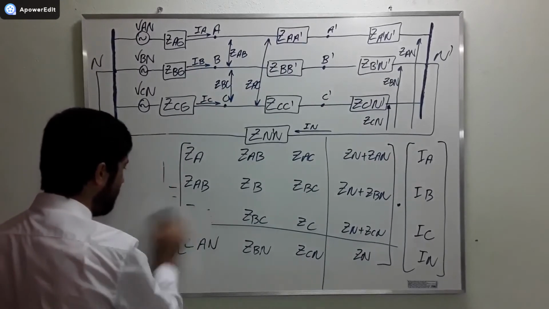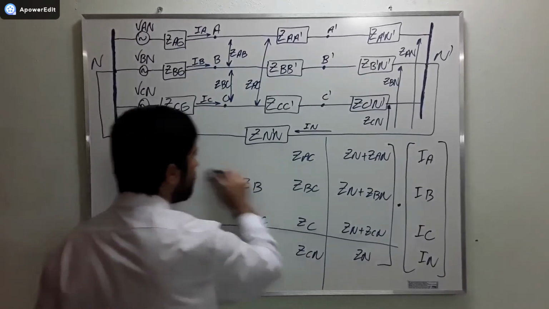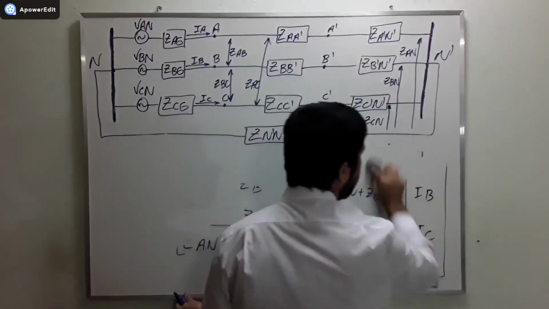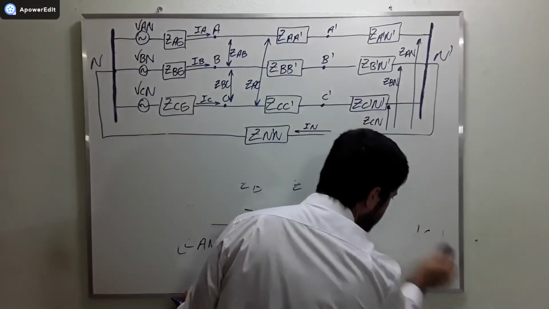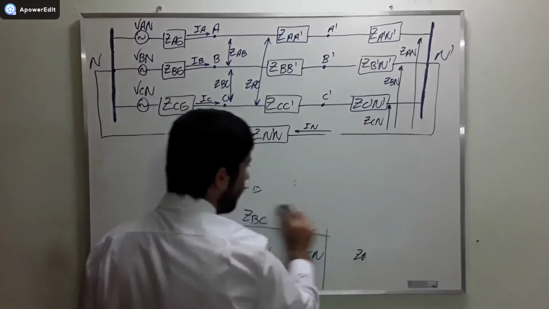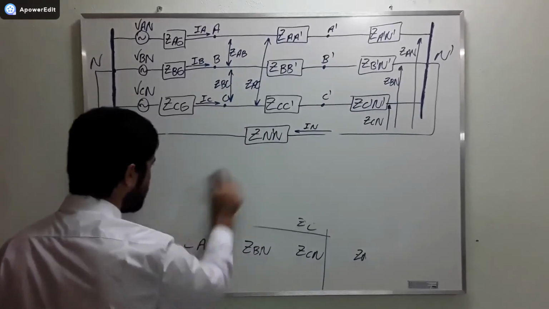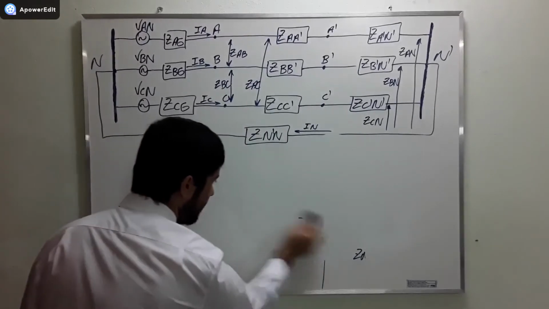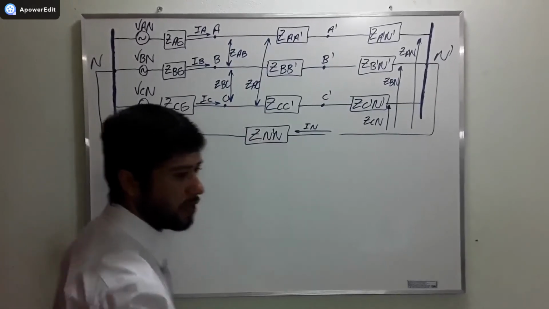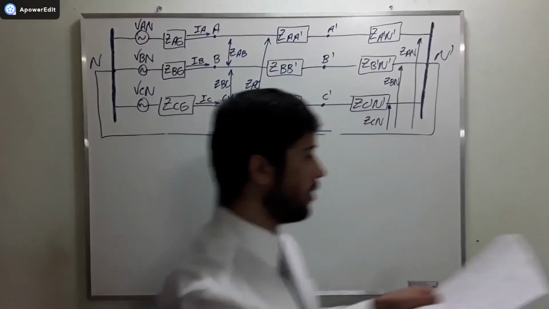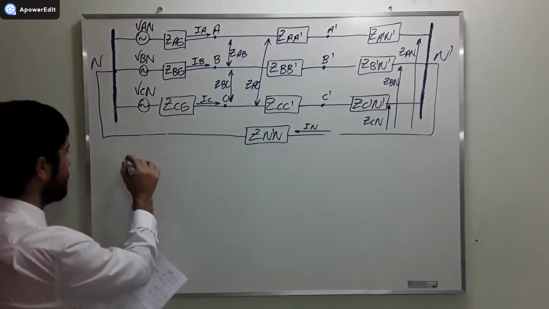It's easy. There is a very simple formula that's going to enable us to calculate the equivalent impedances that result from the application of Kron's reduction. The formulas are these.